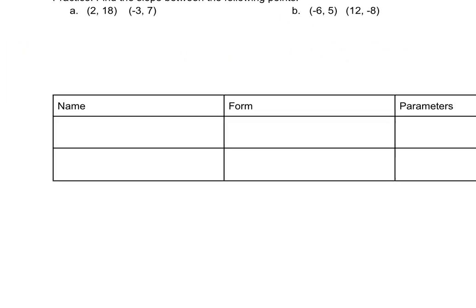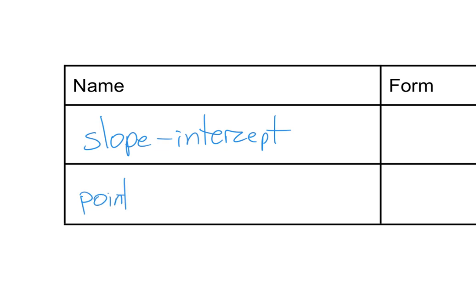So in our learning target, we had two different types of equations. We have slope-intercept and we have point-slope form. These are named by what you are given.